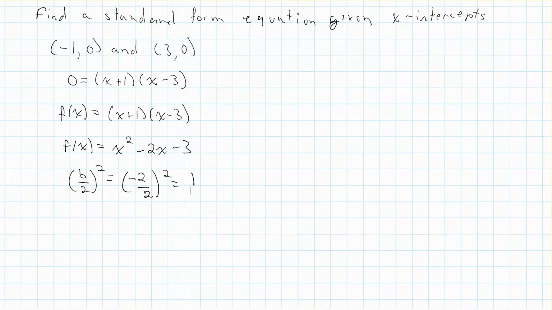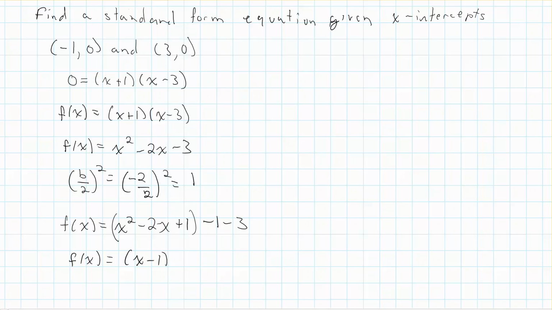And so f of x is equal to x squared minus 2x plus 1 minus 1 minus 3, because if we add 1, we have to subtract it. Put parentheses around that: f of x is equal to x minus 1 quantity squared minus 4.